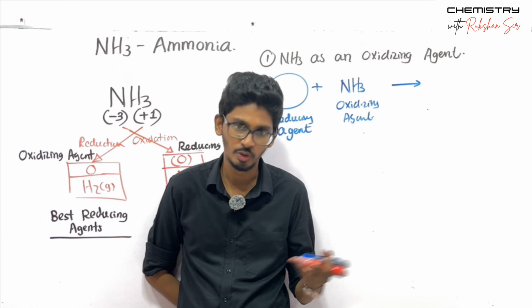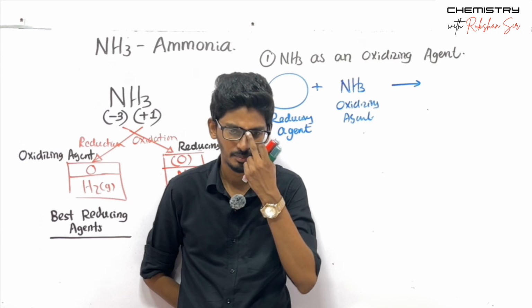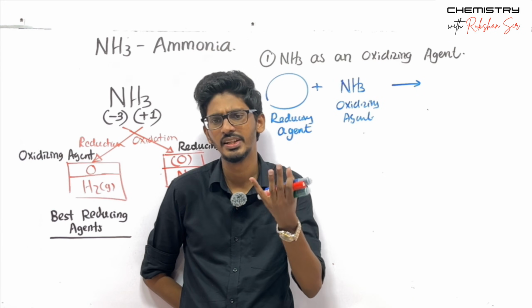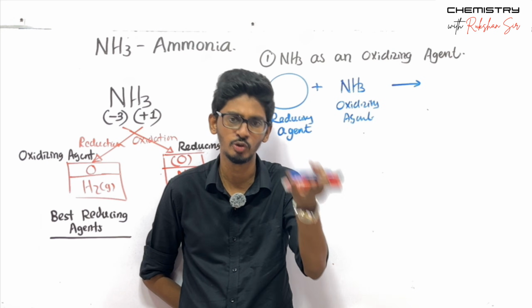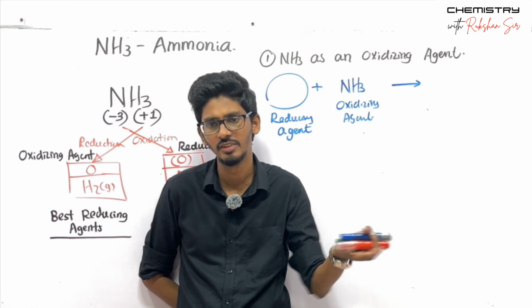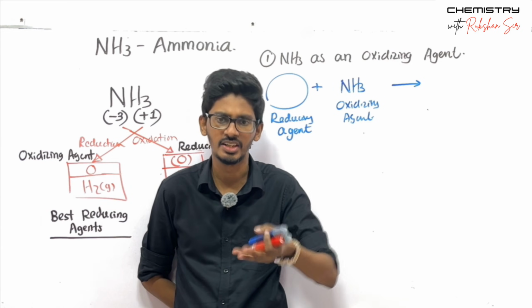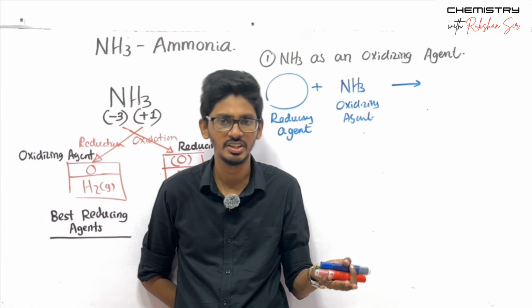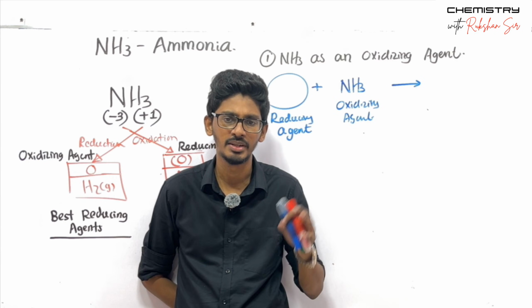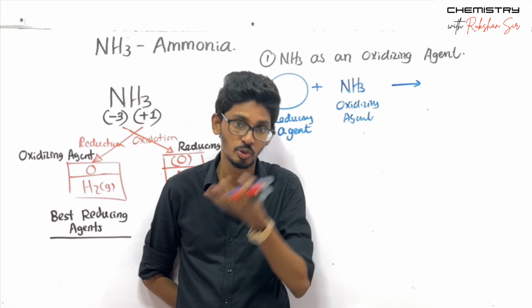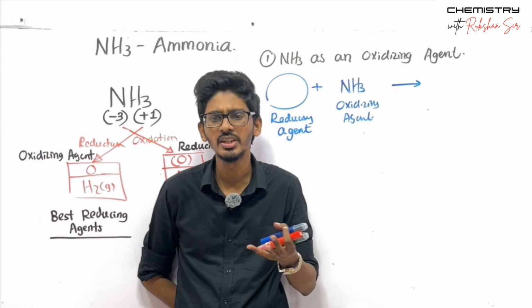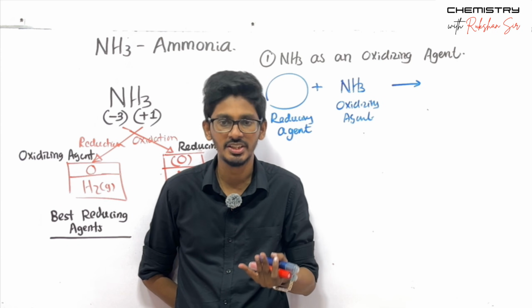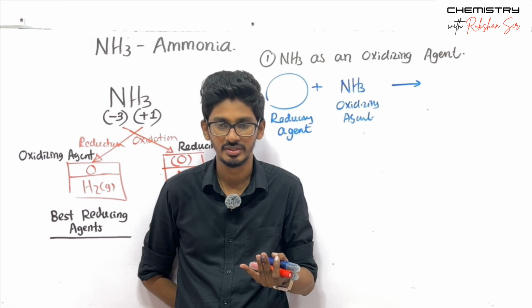Metals always tend to get oxidized in reactions. Zinc with HCl forms zinc chloride, which means it converts to the 2 plus oxidation state. Metals are the best reducing agents we come across.